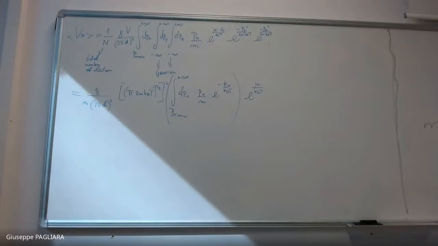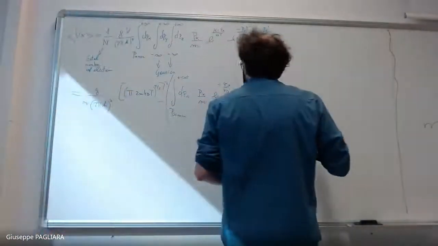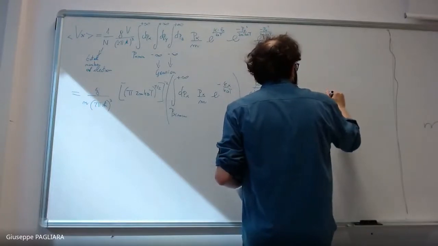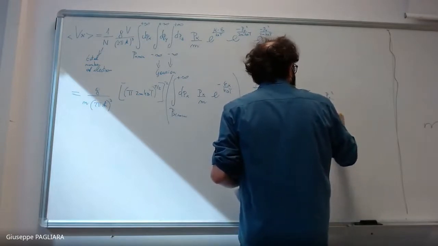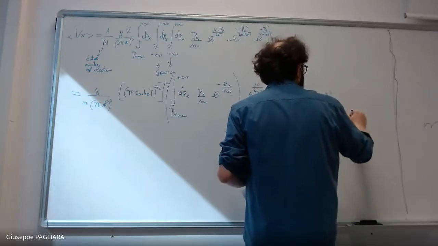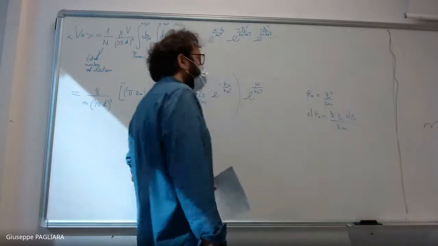Okay, now I have to do a short change of variables. Epsilon x is px squared divided by 2m, and therefore d epsilon x is 2px dpx divided by 2m, and the 2 drops.